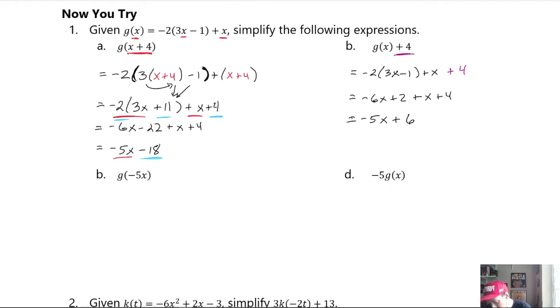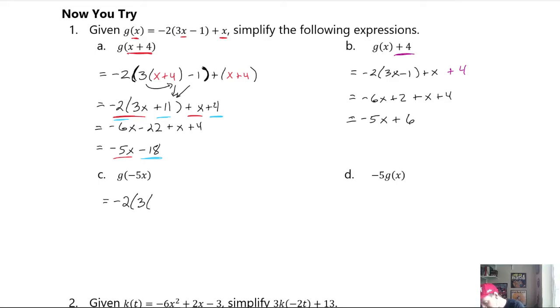We'll go on to part C. So this is g of negative 5x. So I'm going to start writing out the expression for g, negative 2 times 3 times.